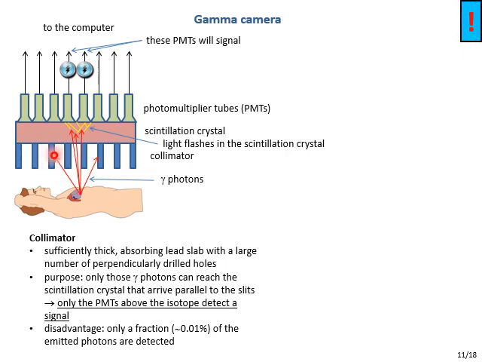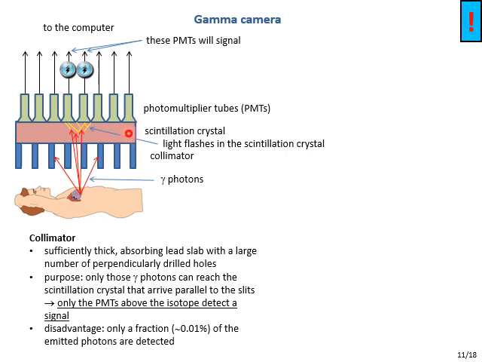And since the collimator is made of lead, which has a relatively high absorption coefficient for gamma radiation, these gamma photons will be absorbed. So the result is that only this part of the detector of the camera will receive gamma photons, the part which is above the accumulation place of the gamma photons.